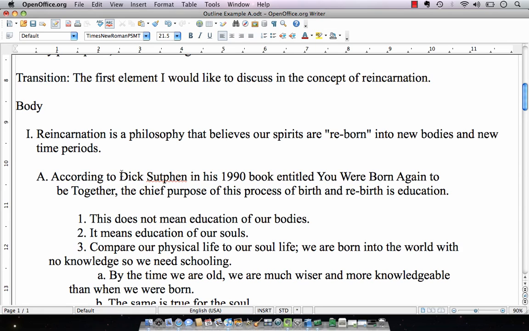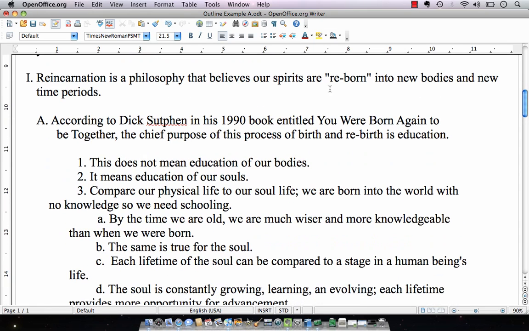The last thing that I'm going to be looking for in the body of the speech is for you to actually state your sources. Just like you would cite sources in an essay or in a paper, I'm going to want you to state your sources or cite your sources in the outline. How this person chose to do it is they actually chose to write the source citation into the outline.